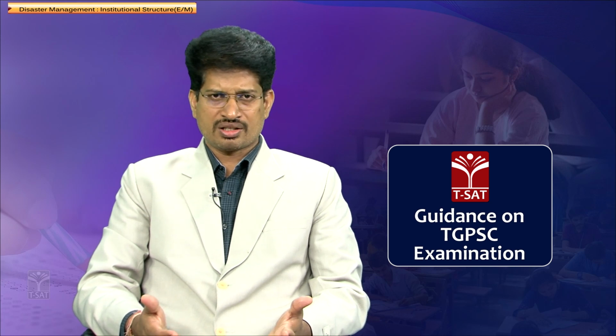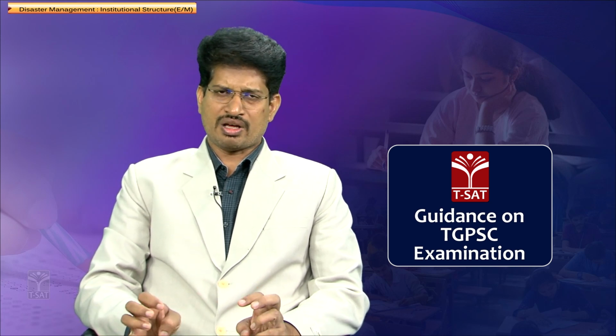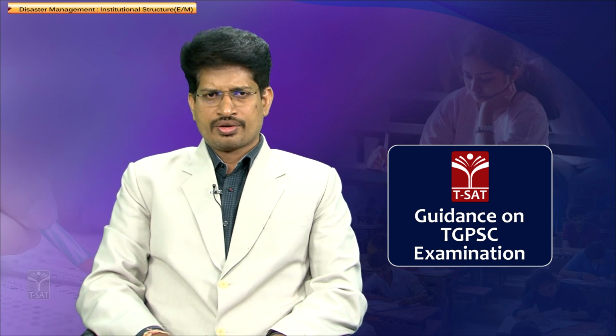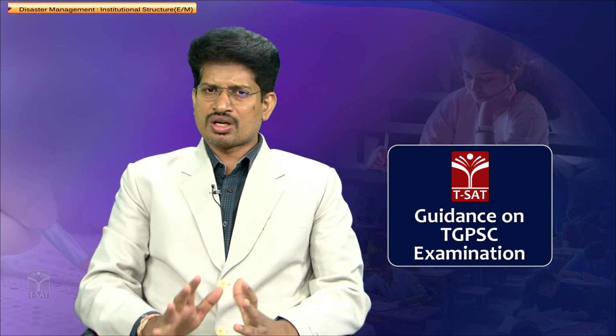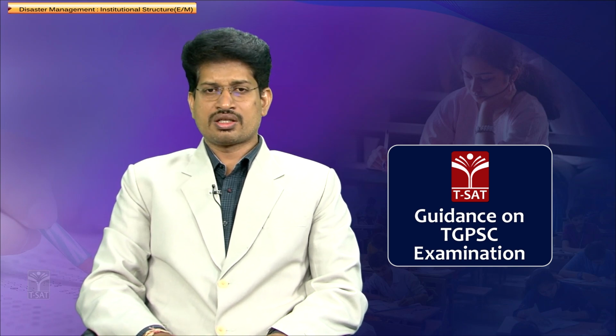Formulating policies are non-structural mitigative activities. So some are structural, some are non-structural. The actions to be taken are different, highly diversified. That is what the range of activities designed to maintain control over disaster and emergency situations means.